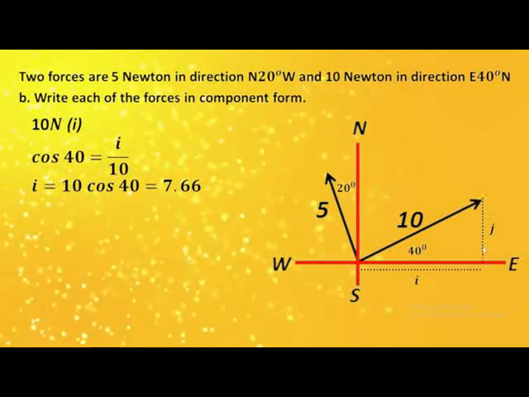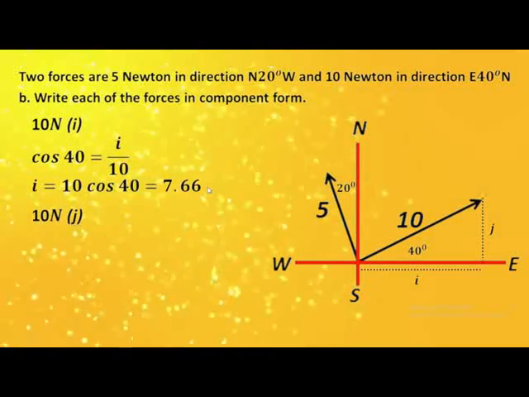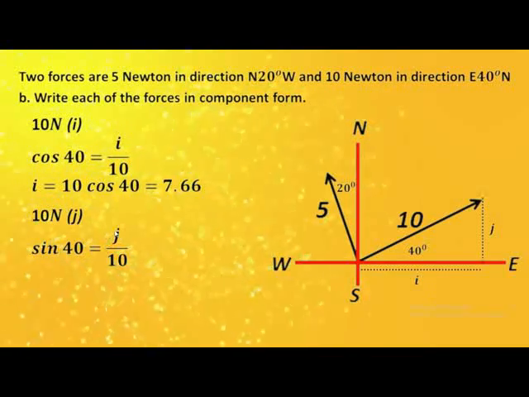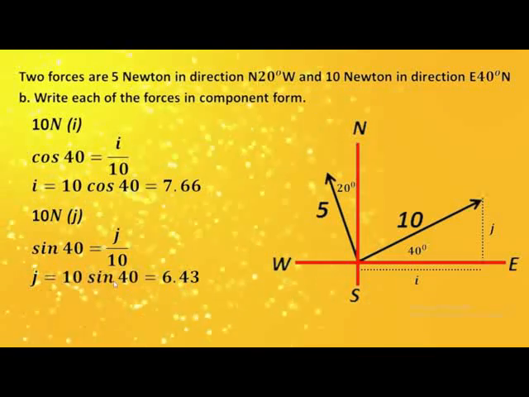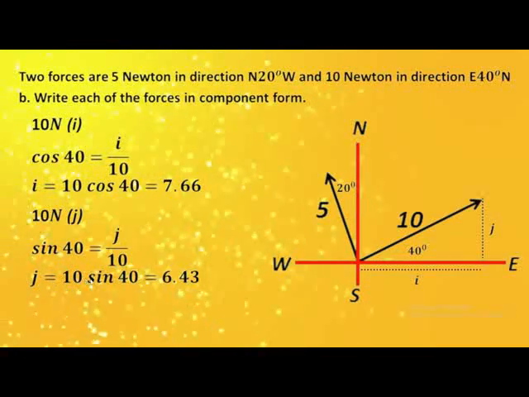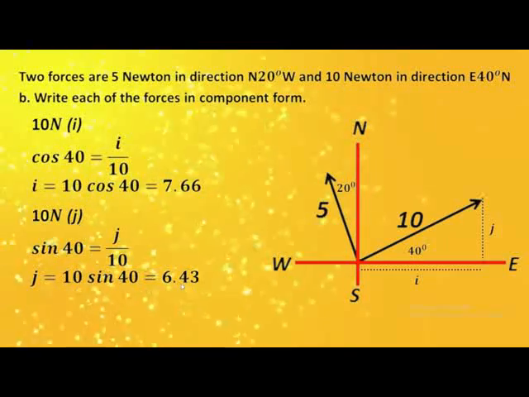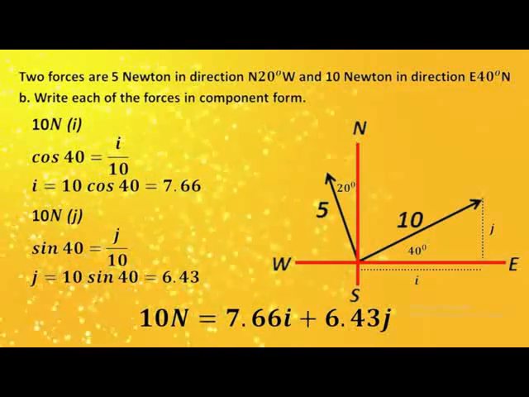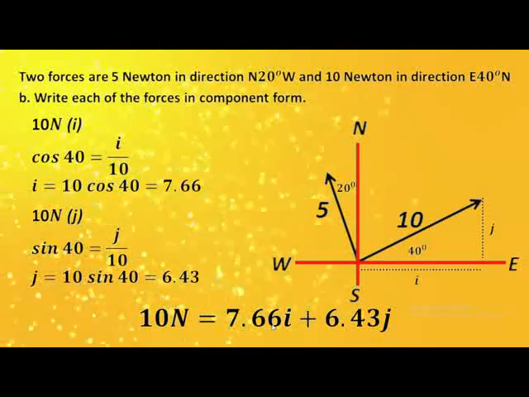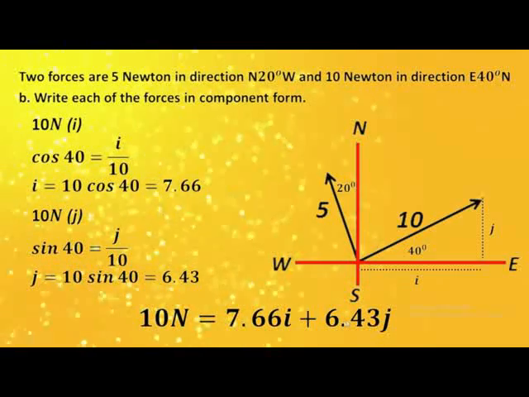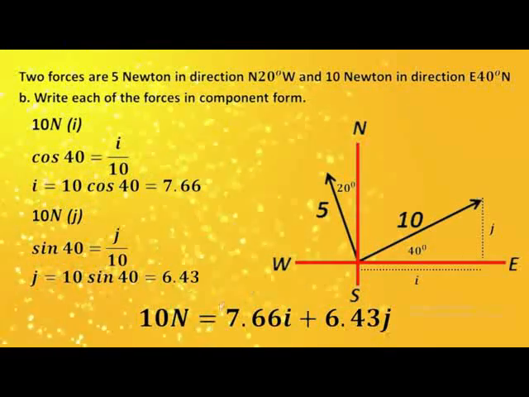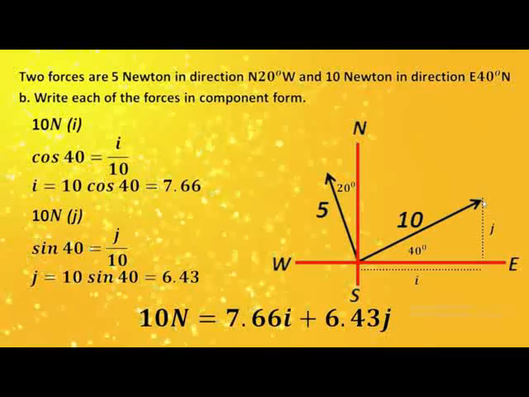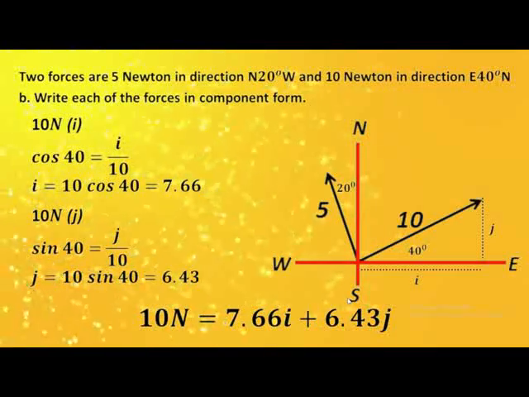And how about the j component? For the j component of the 10 Newton force, we use sine. Sine 40 equals j per 10. So the j component is 10 times sine 40, which is 6.43. And you can write the 10 Newton force as 7.66 i plus 6.43 j. Both components are positive because i is to the right and j is upward.